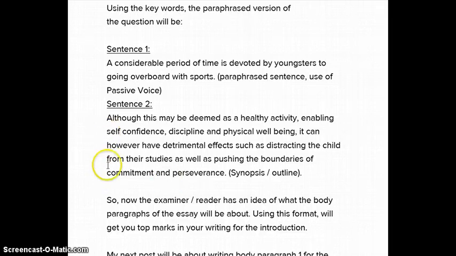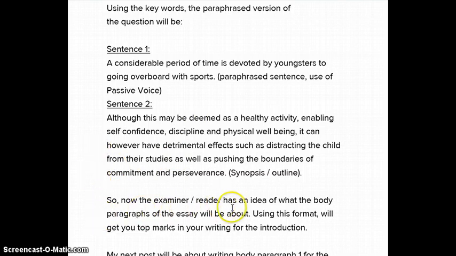So as you can see in this paragraph, in this sentence, I have not ever used the word advantage, disadvantage. I've used my linkers and I've used my vocabulary to show what the advantage and what the disadvantages are of doing lots of sports. Now this style of writing will definitely get you top marks.